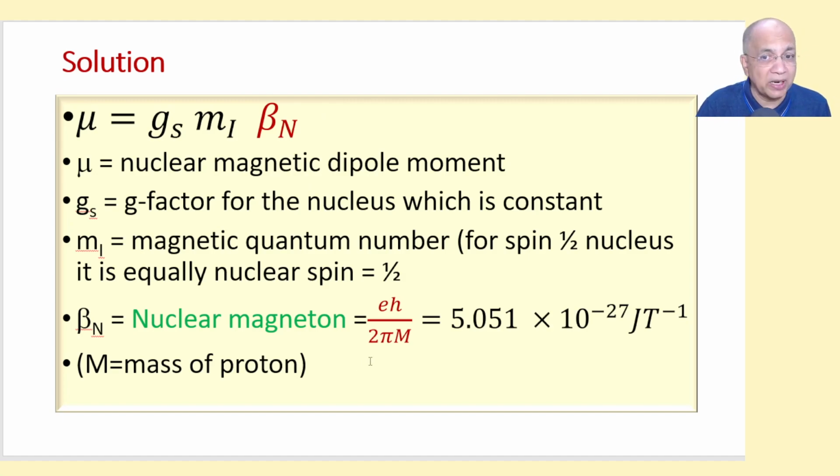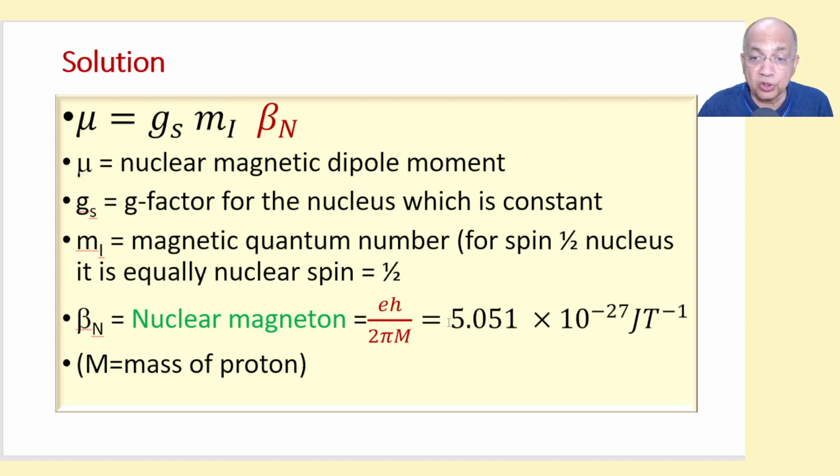For your benefit, let me tell you what beta-n is. Just like for electron moment it is the Bohr magneton, for the nucleus magnetic moment it is the nuclear magneton, and its value is eh by 2 pi m. This m is the mass of the proton, not the electron, and e is the charge of the proton, which is the same as that for the electron. h is Planck's constant.